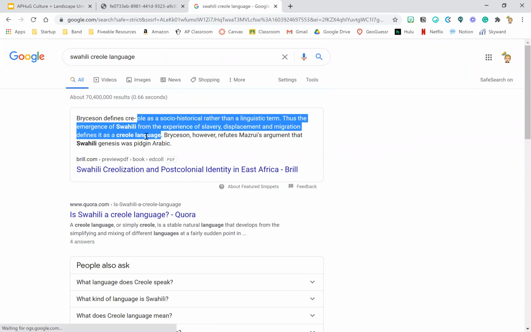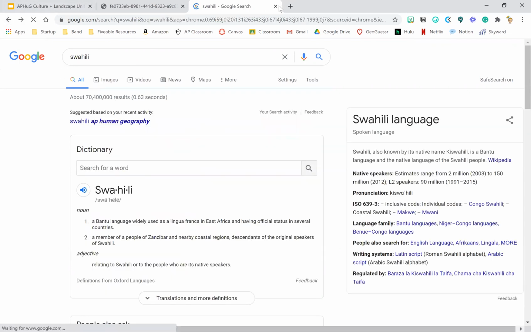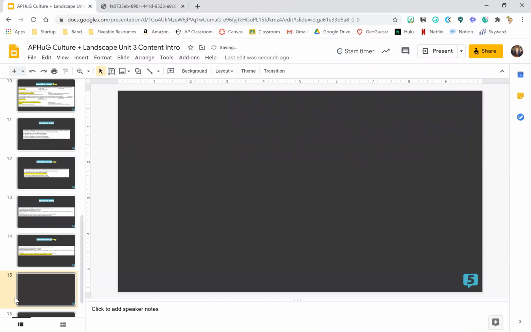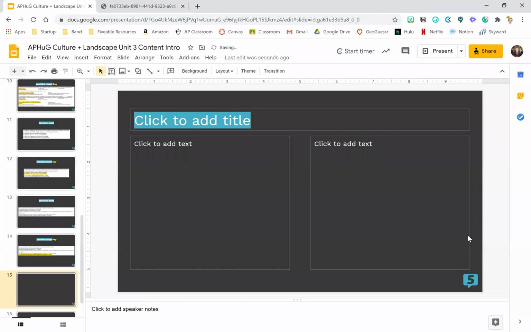Swahili did evolve as a Creole language, but I think that it's such a popular language today, and it's spoken by enough people, and it has a written language and it has a spoken language, that it's now a formal language. If there's a textbook that's saying something different, listen to that and not me, because obviously I am not as smart as a textbook, but that's my opinion on the matter.